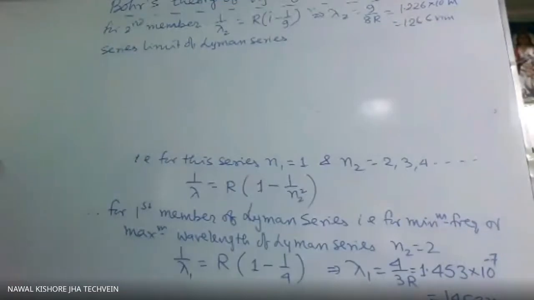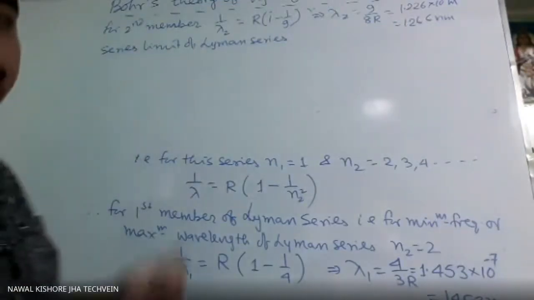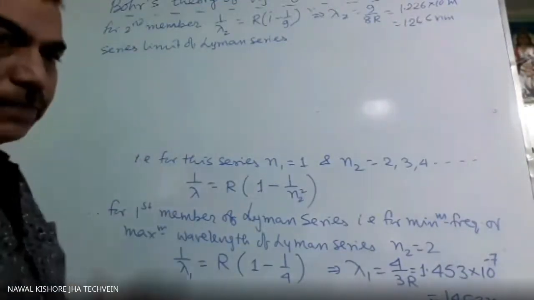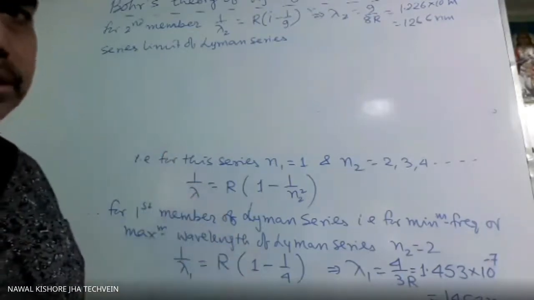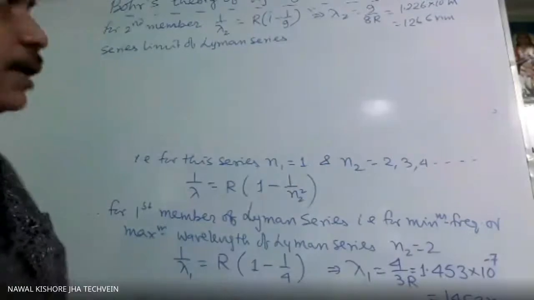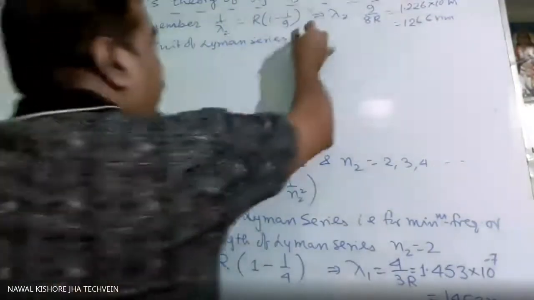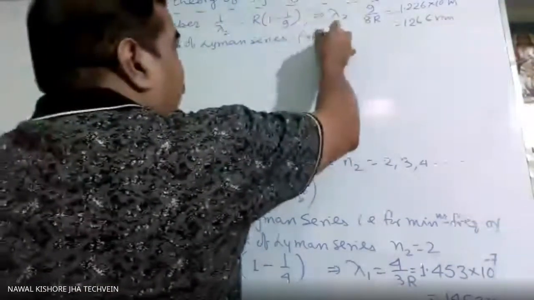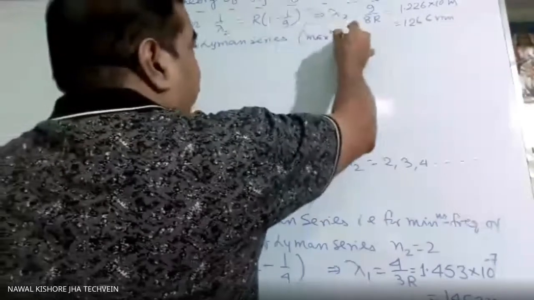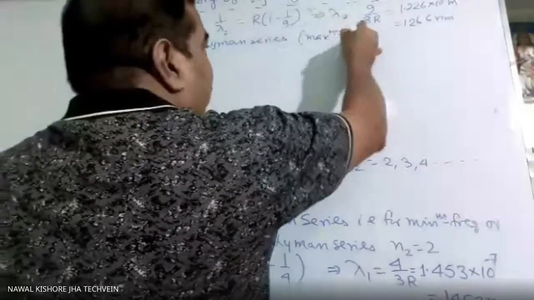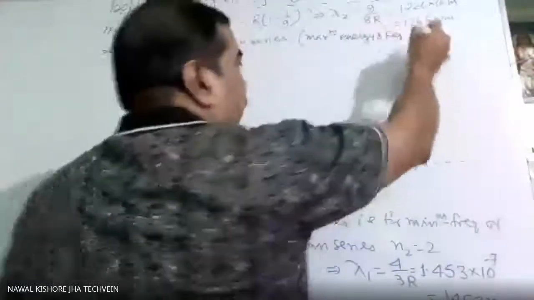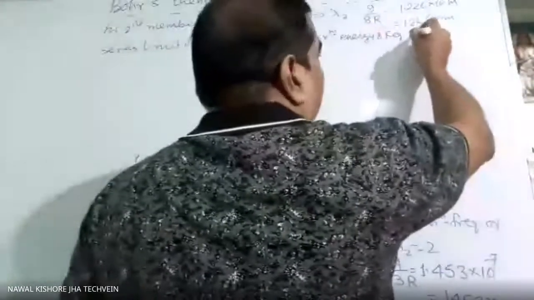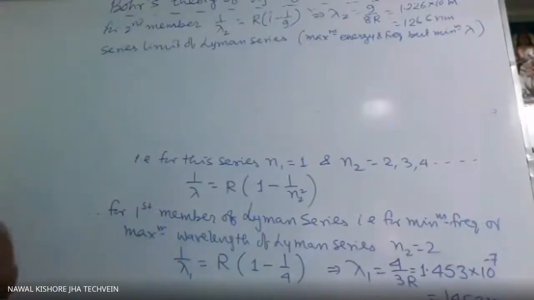That is maximum frequency and minimum wavelength. First member is minimum energy, minimum frequency, maximum wavelength. And here it will be maximum energy and frequency. Energy of photon maximum, that is series limit.